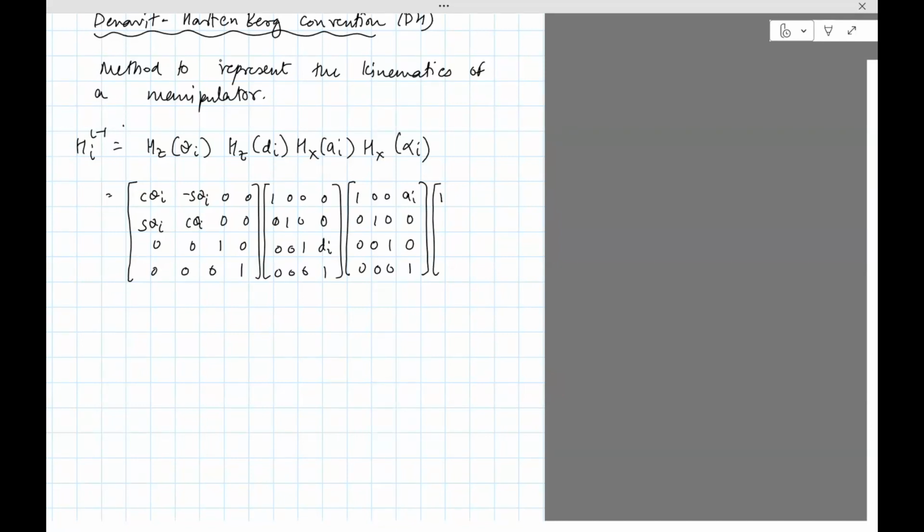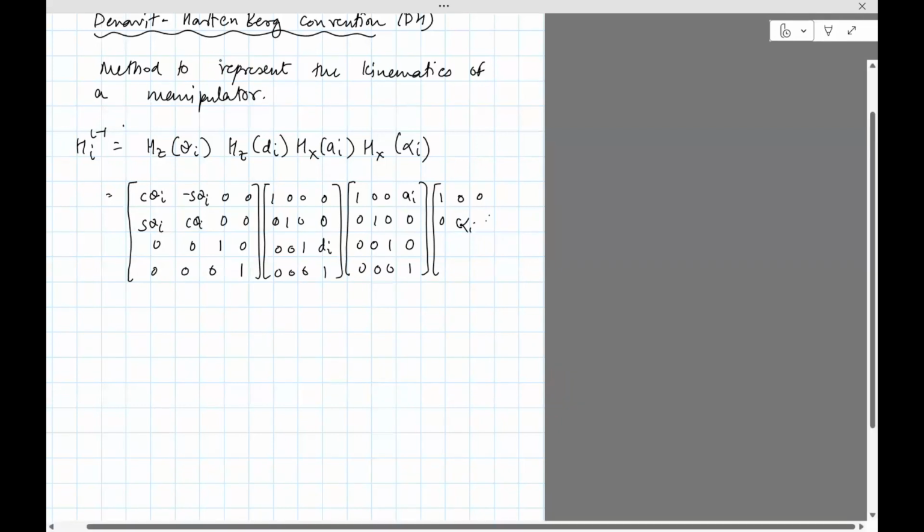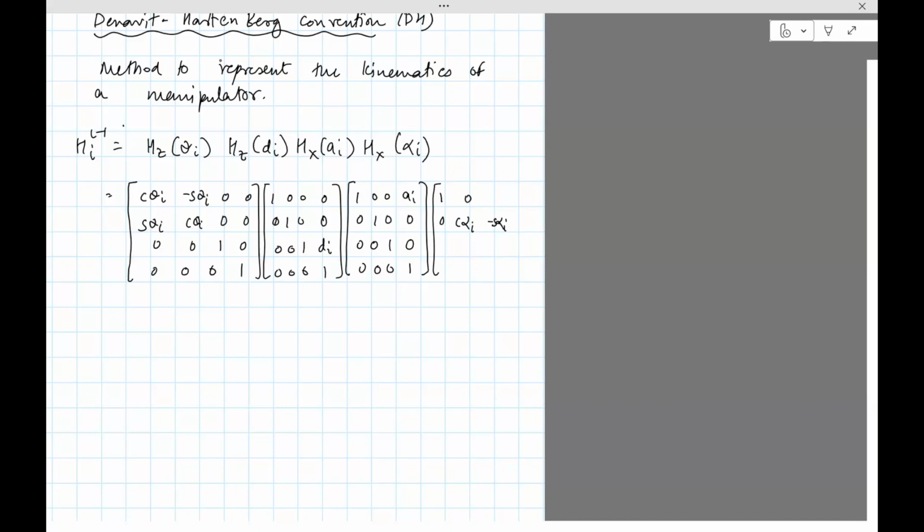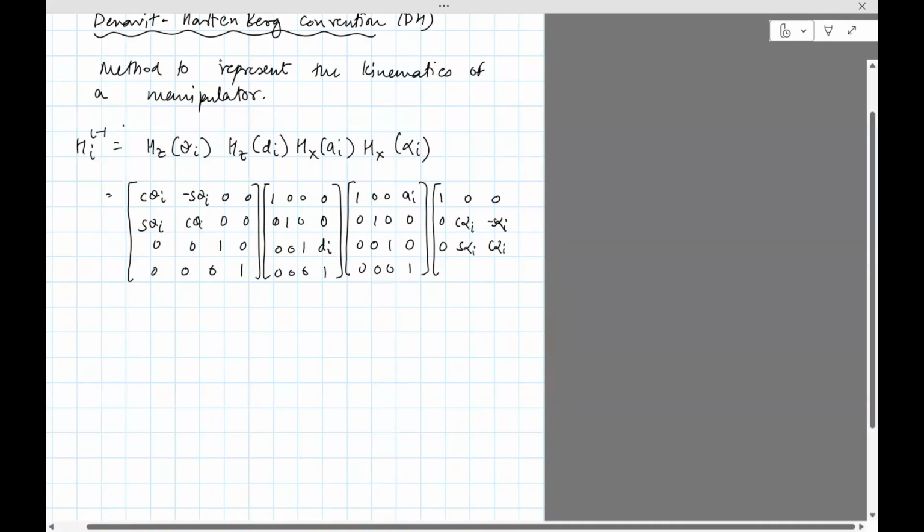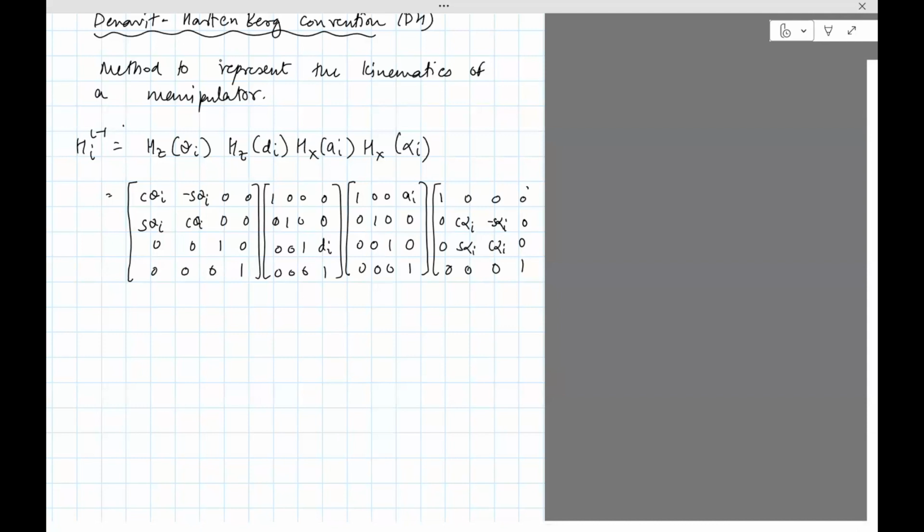And then rotation about x: 1, 0, 0, 0, c alpha i, minus s alpha i, 0, s alpha i, c alpha i, 0, 0, 0, 0, 1.